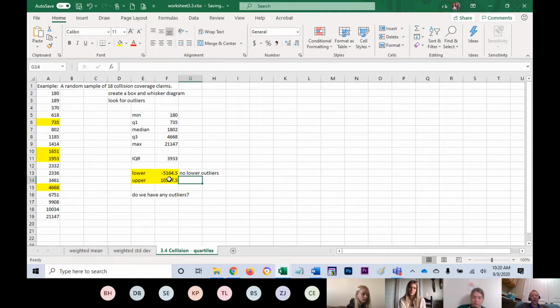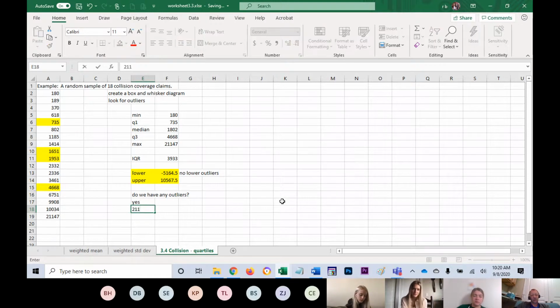Do we have anything greater than 10,567? Yes, we do have an outlier. And which one's the outlier? It's 21,147.